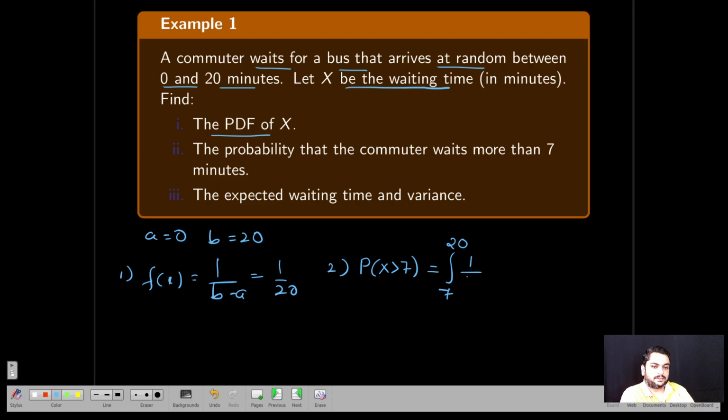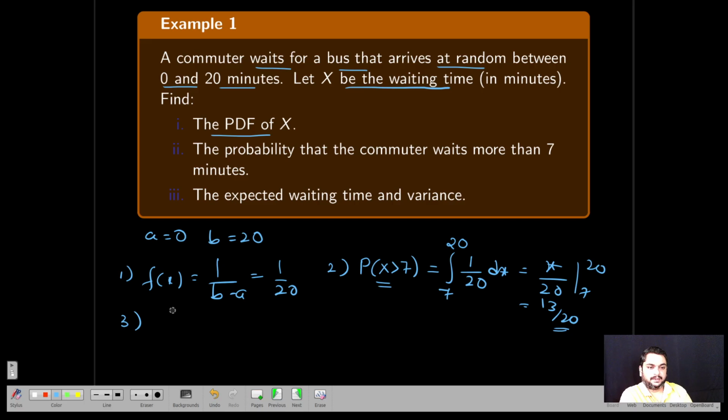What is the f of x? 1 by 20, dx. To integrate, this will be x divided by 20 in the interval 7 to 20. So this comes out to be 13 by 20. You can also solve this using F of x, that is the CDF.